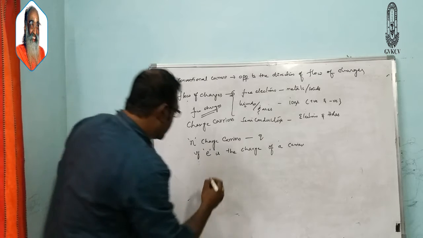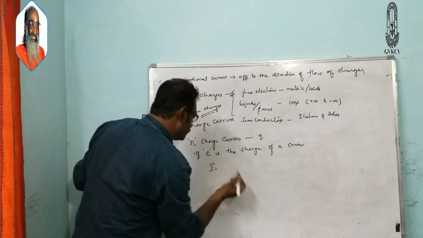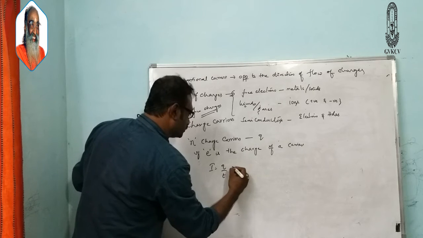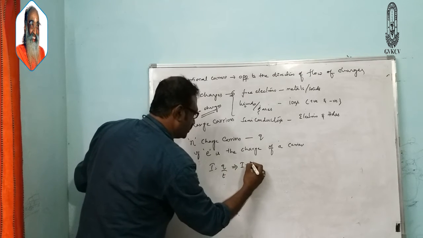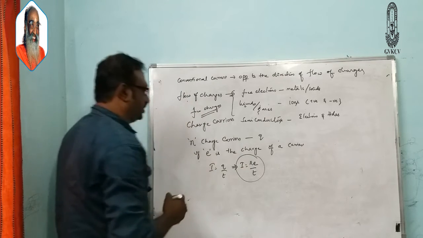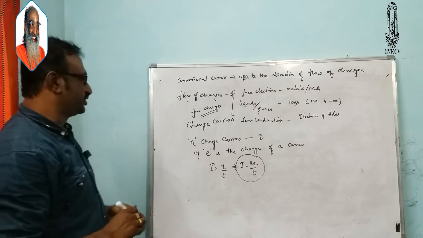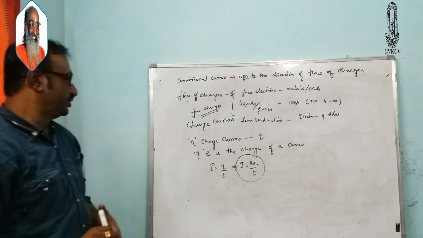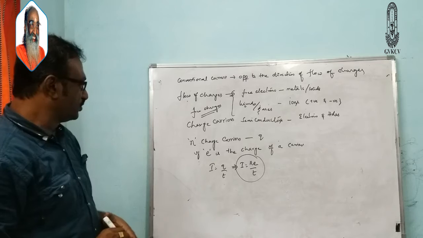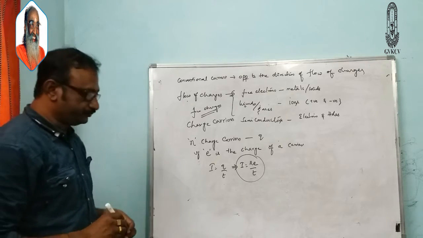So now what is the electric current? I is equal to Q by t, and you know Q is equal to ne, so I is equal to ne by t. So using this expression you can find out, if there are n charge carriers with the charge e, then we can go with the expression I is equal to ne by t.